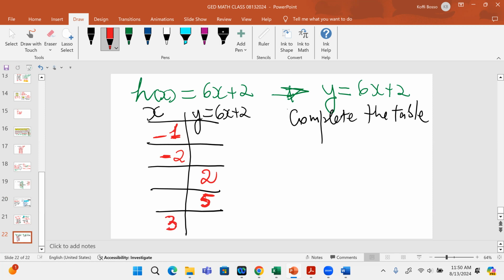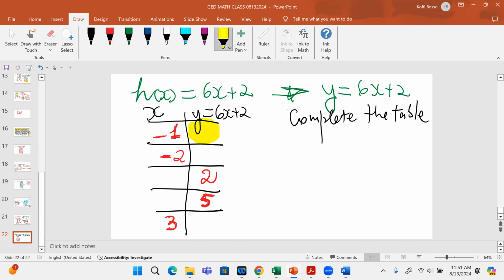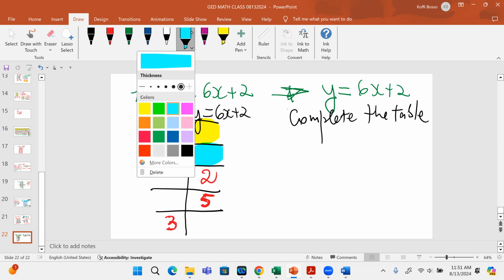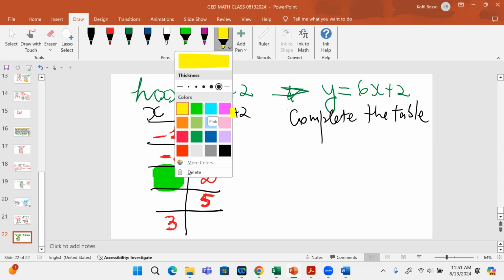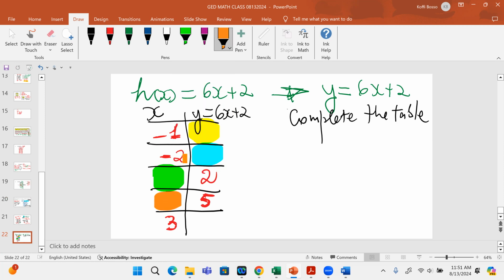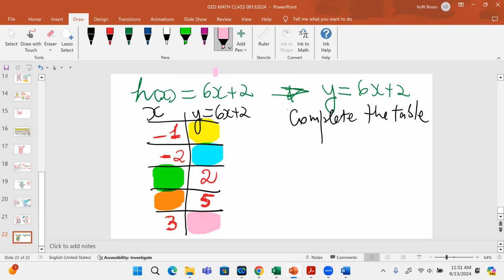So what you're going to figure out are the missing values. Let me highlight for you: this, this, this, and what else? So they give you some of the x values, and you can figure out the y values.